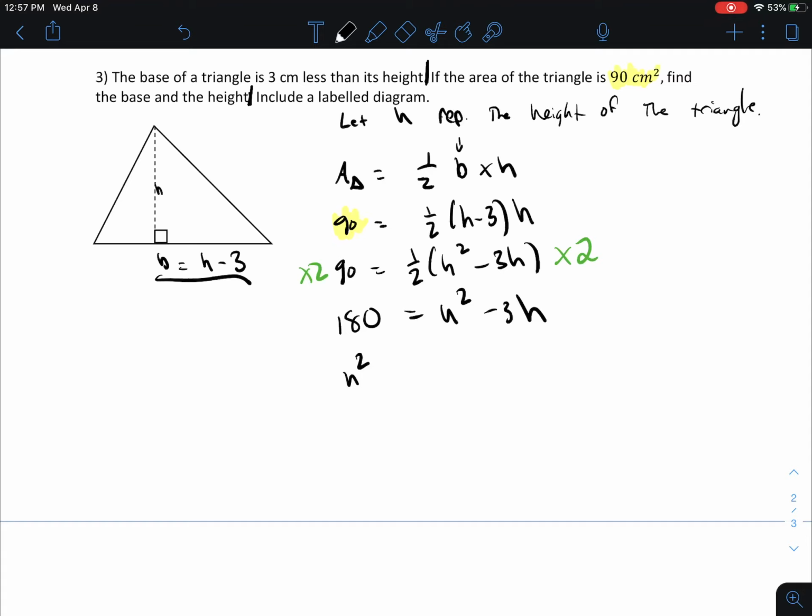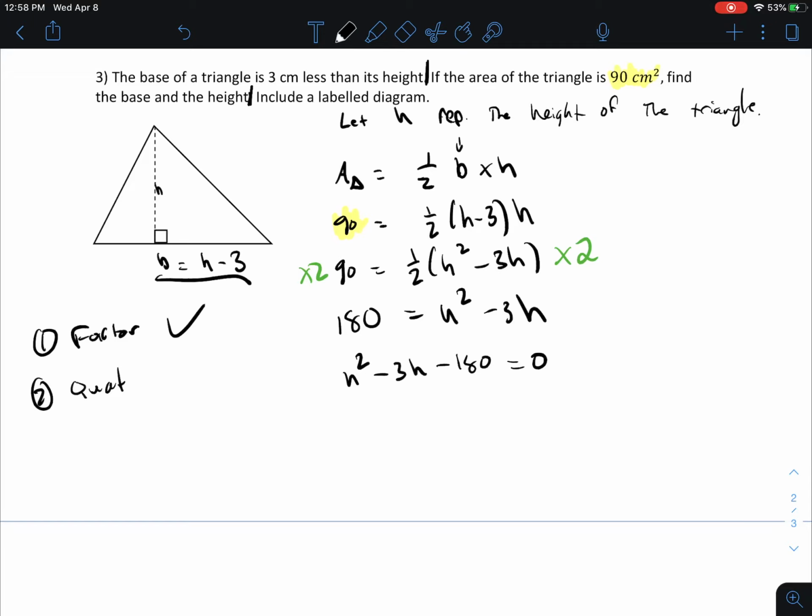Now I can bring the 180 over. And now I need to make up my mind: am I going to be able to factor this? Ideally, I'd like to be able to do that.